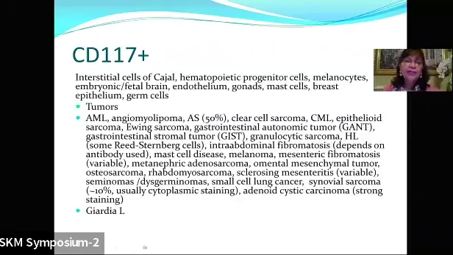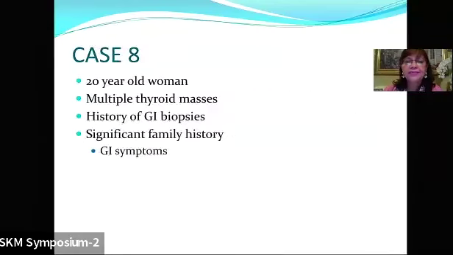So, talking about KIT-positive tumors, KIT is normally present in the interstitial cells of Cajal, etc. But look at all these tumors that are positive for c-KIT, of course melanoma as well. And then I just found that even Giardia will stain with c-KIT.